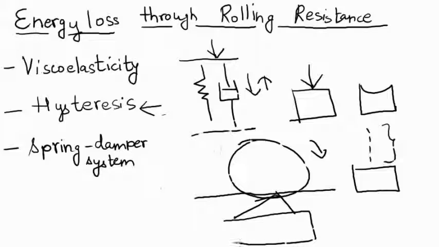As the wheel rolls, for the sake of understanding, we'll say that these systems of spring and damper get compressed and expanded at quite a high frequency. The frequency here can be from 10 raised to 6 up to 10 raised to 9 hertz.